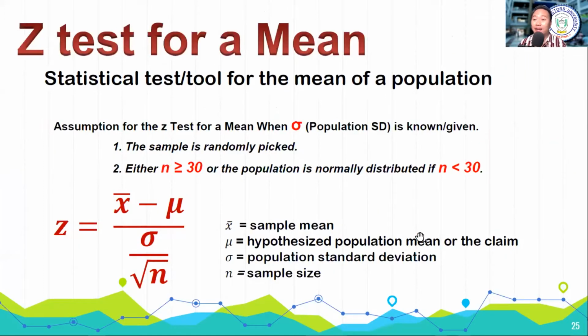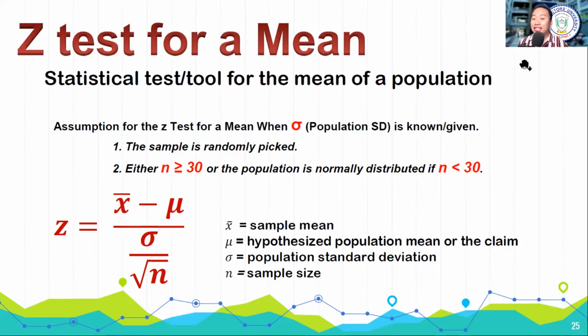But before that, let me introduce to you the first statistical tool or treatment. Okay? This is the first statistical tool or treatment. Z-test for a mean. This is a tool for the mean of a population, or when you want to test the claim of the population mean. These are the requirements for you to be able to use the Z-test for a population mean.